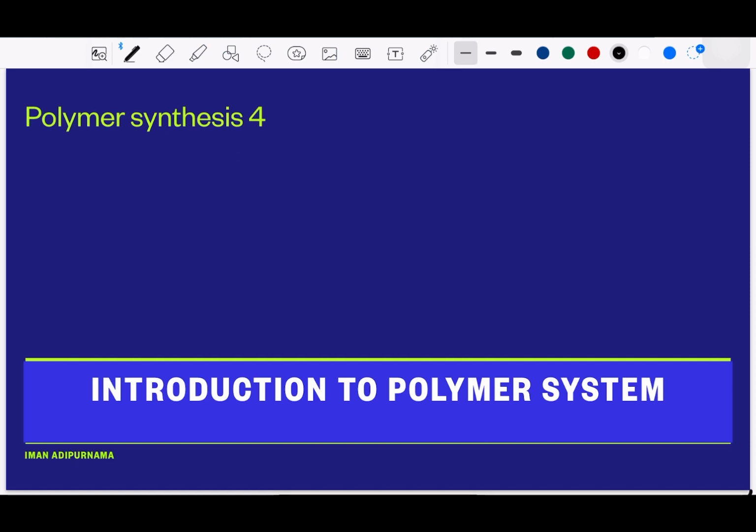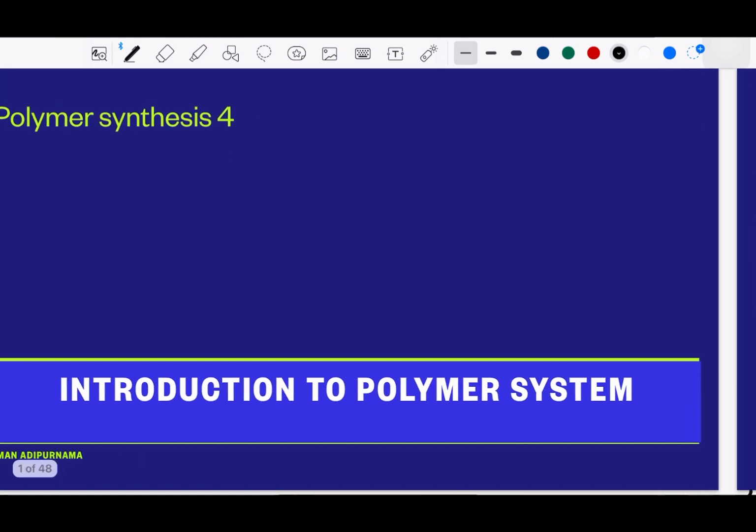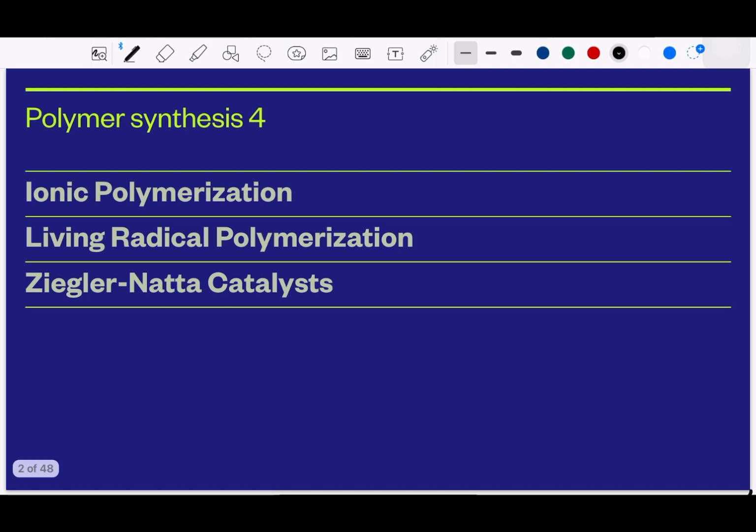So we are going to look at the sections. We are going to elaborate ionic polymerization, living radical polymerization, and the Ziegler-Natta catalyst. I think there are actually more, but we are going to focus only on these three: ionic, living radical, and Ziegler-Natta catalyst.